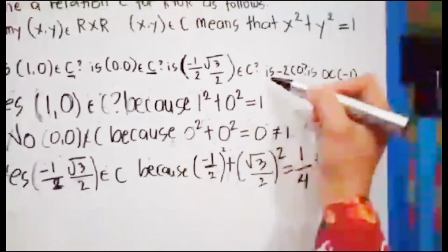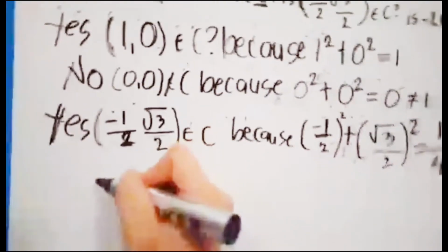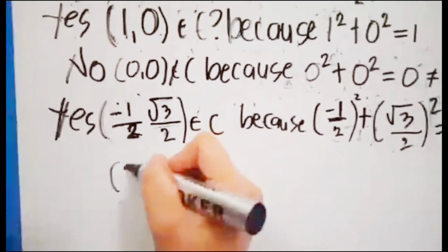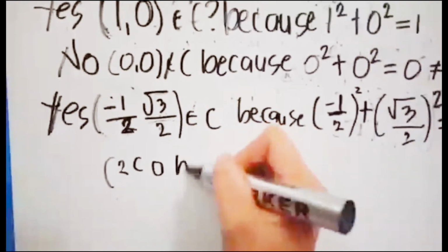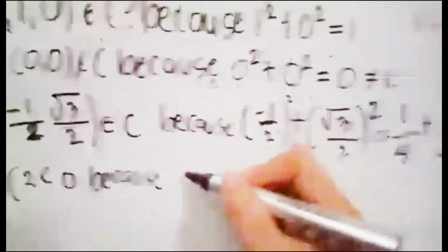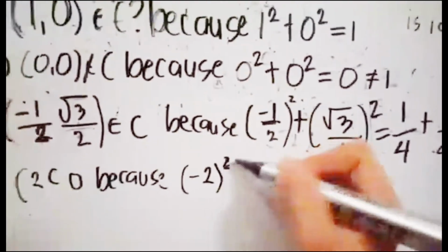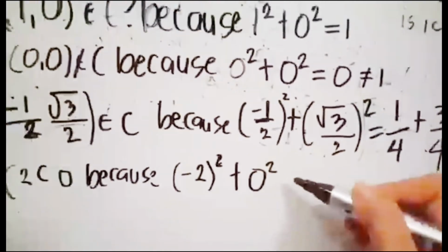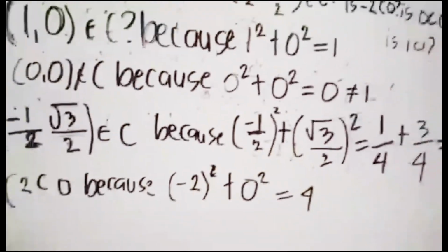The next is (negative 2, 0). Negative 2 squared plus 0 squared is equal to 4.